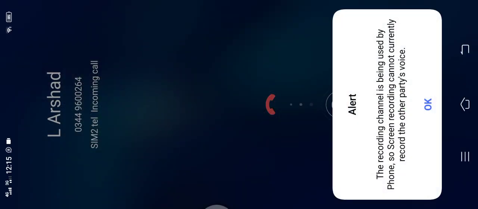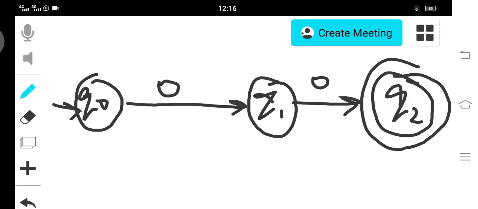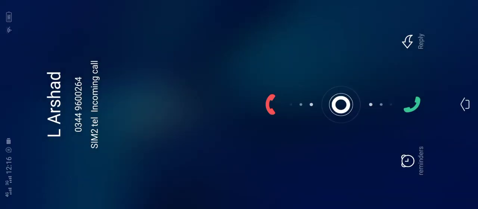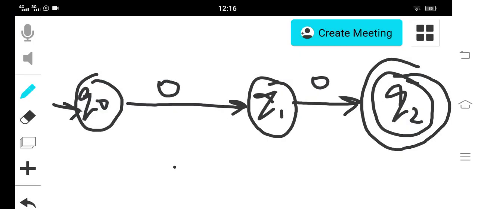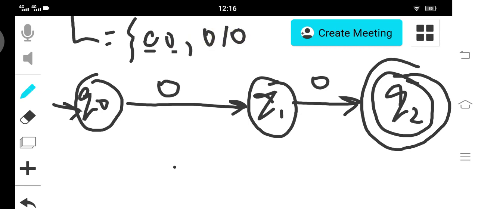So we are going to create a finite automata for a language which contains words starting with 0 and ending with 0, like 0 1 0, and so on.